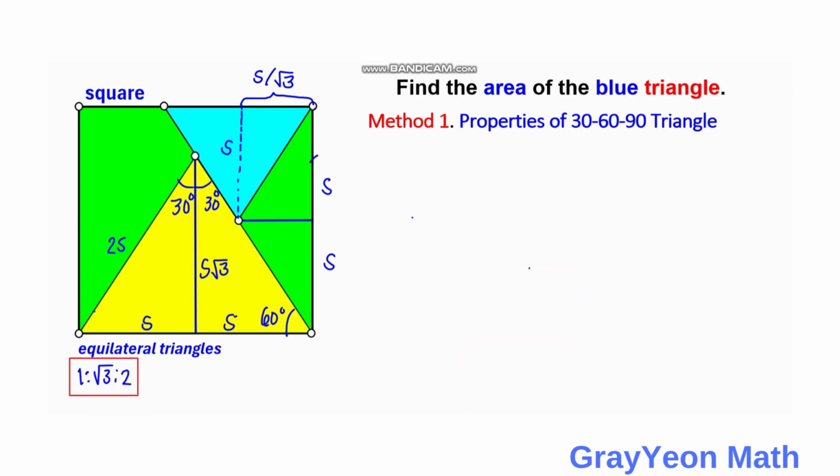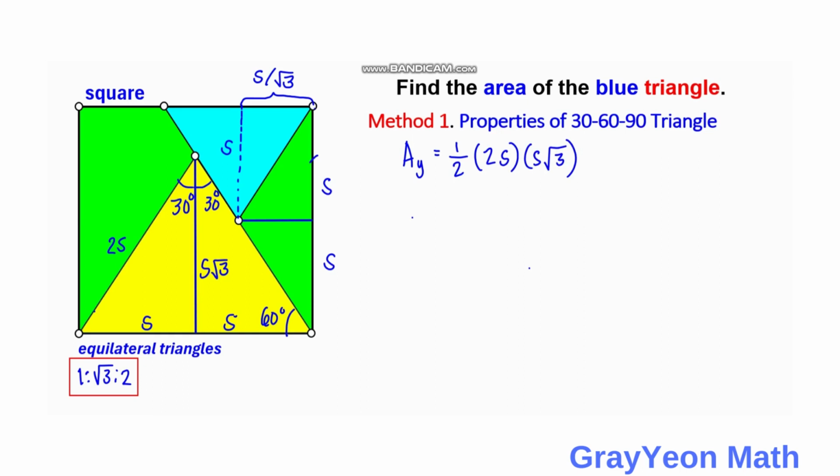Going back, we have this yellow triangle with an area of 12 square units. The area of the yellow is equal to 1 half times the base, which is 2s, and the height is s square root of 3.